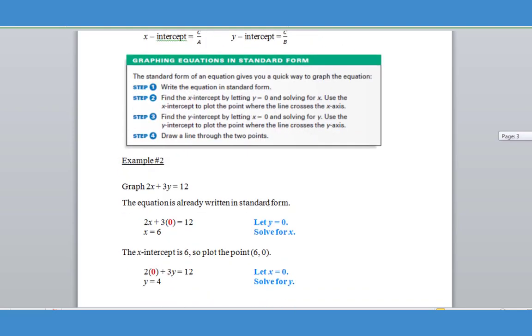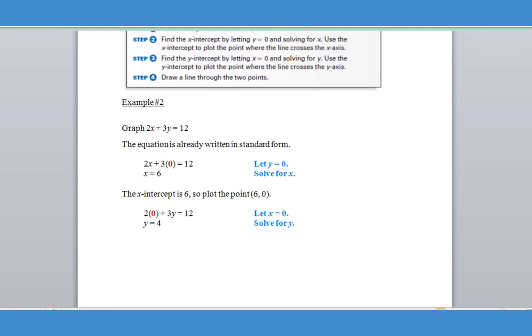Let's just look at an example here. For example number 2, we've shown on the actual example the t-chart method. If I took an x and a y and plugged in a 0 for the y, you can see in the first part of the example we end up getting a 6 for the x.